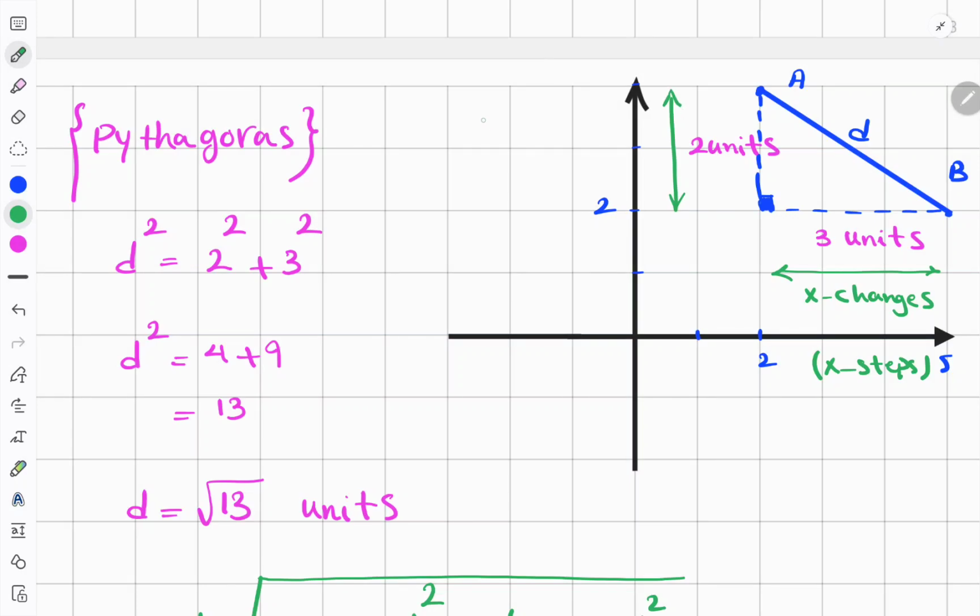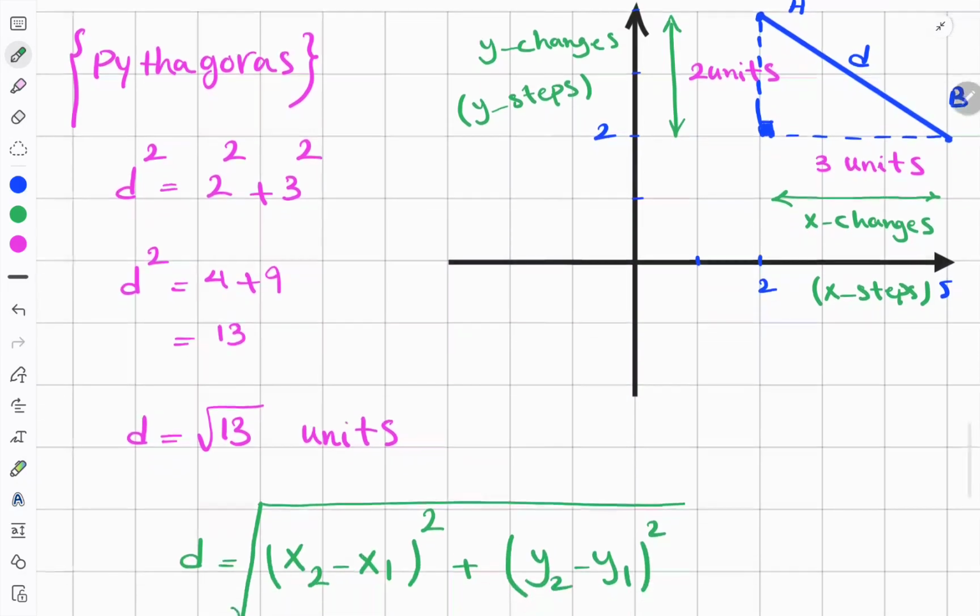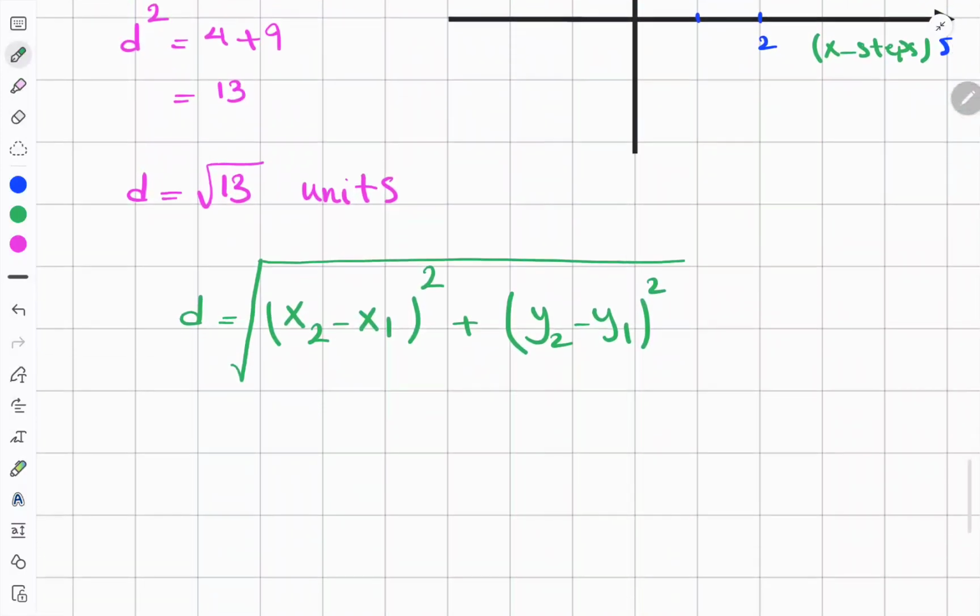This is the y changes of 2 points, because the y of A is 4 and the y of B is 2. So 2 units is the difference of 4 and 2, the y changes or y steps. And why did we find the square of them? Because we are going to use Pythagoras' theorem, so you should find the square of them. So this is a formula for finding the distance between 2 points.